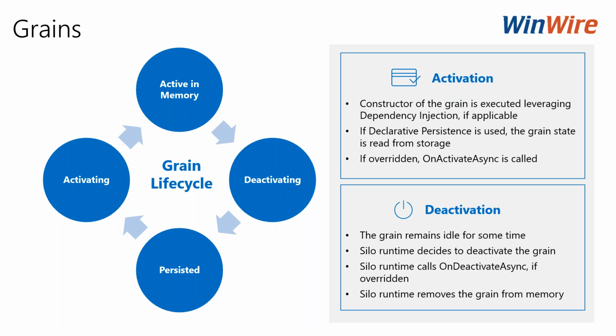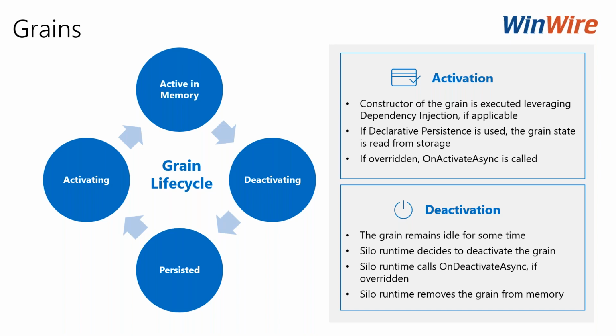So when the grain is instantiated, it will also load the state along with it. So that from silo 1 to silo 10, if it is instantiated in a different silo, it will still maintain its state because the state is being read from a constant source. And then again, it is based on the key. So it will load the state based on whatever key for that grain is, for that email address or whatever it is. So it will load that state and you will get the same instance that you had before it was destroyed.